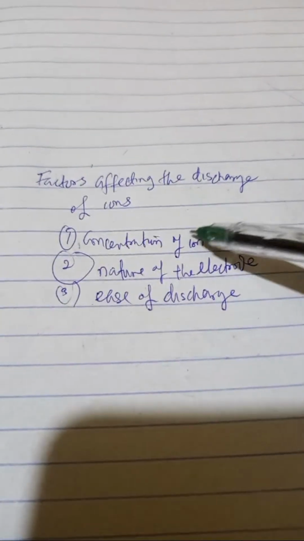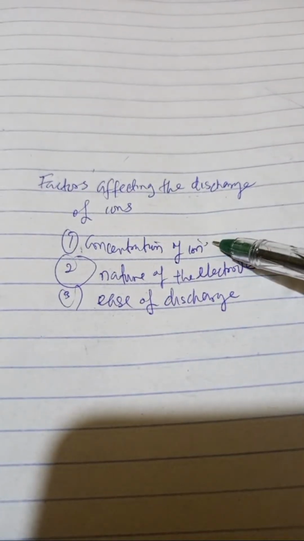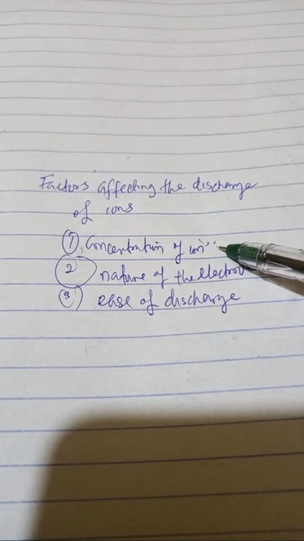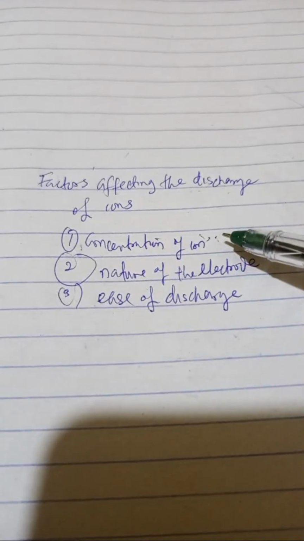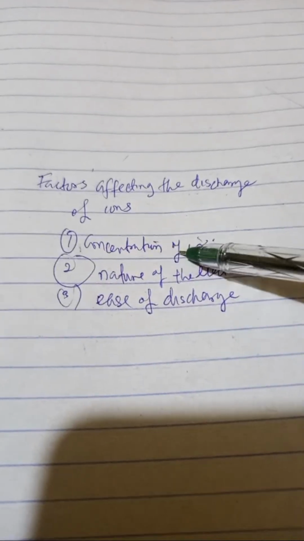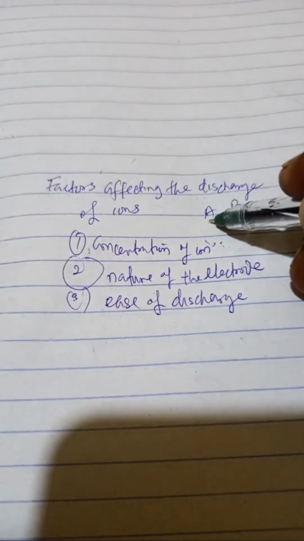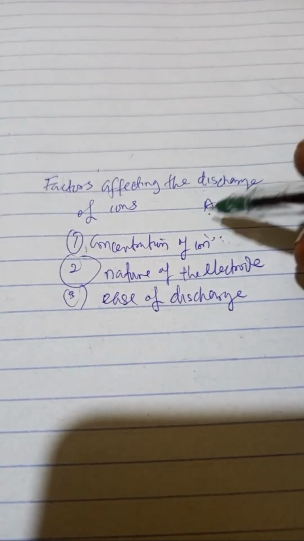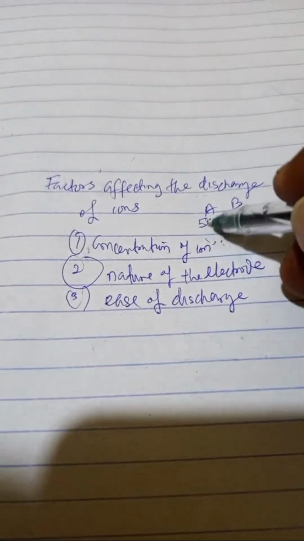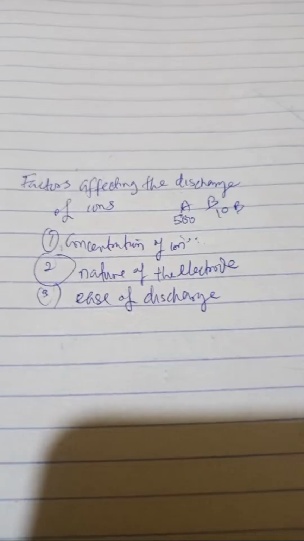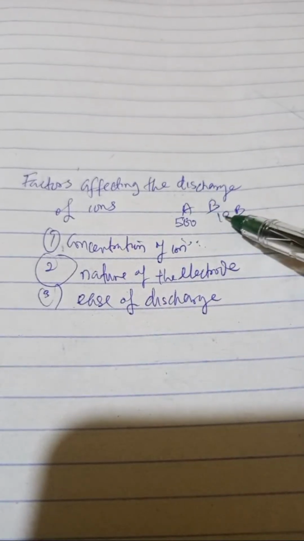The first one is concentration of ions. Concentration has to do with how many ions there are. If the concentration of an ion is high, that means the ions are much in number. For example, if you have 500 ions of A and 10 ions of B, you can see that A is much, so A will be discharged.